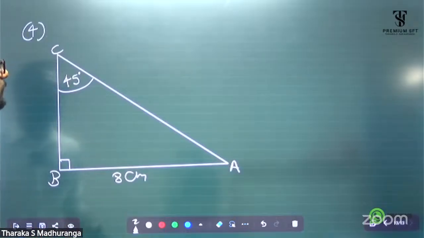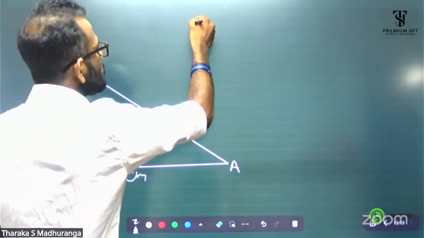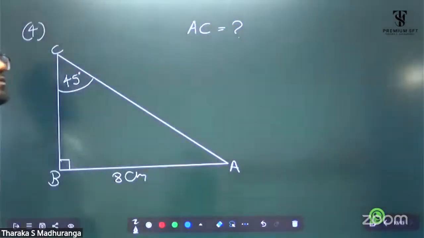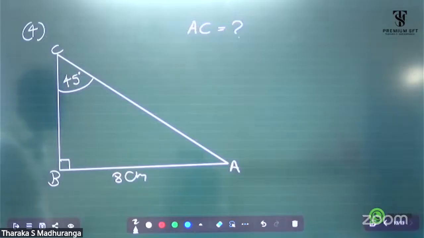I want to calculate AC length. AC length. That means hypotenuse.